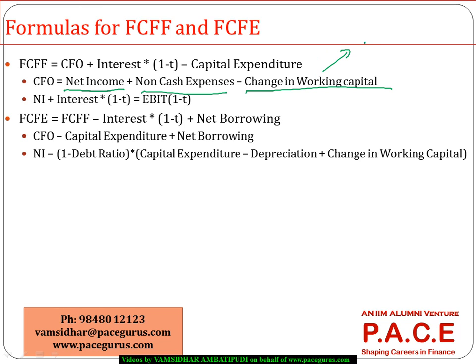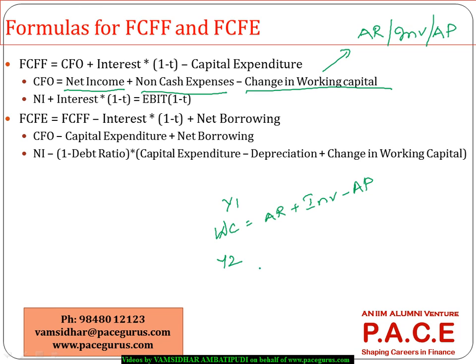When I look at the working capital here, I look at the non-cash related items, basically accounts receivables, inventory, and accounts payable. So for year 1, I find out the working capital as accounts receivables plus inventory minus accounts payable.